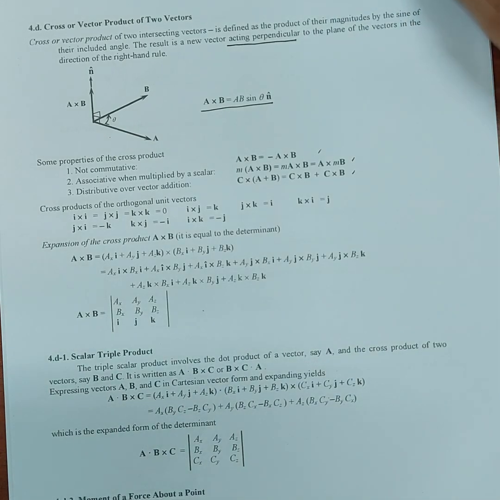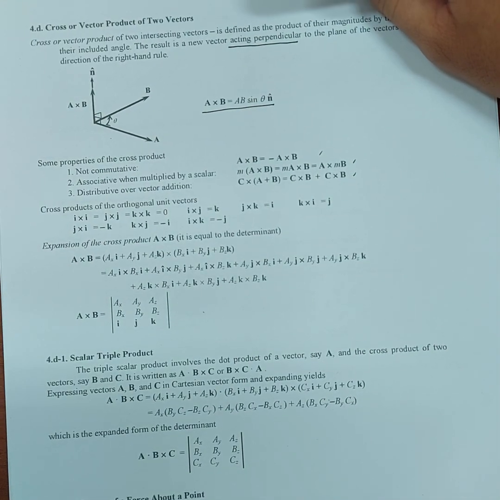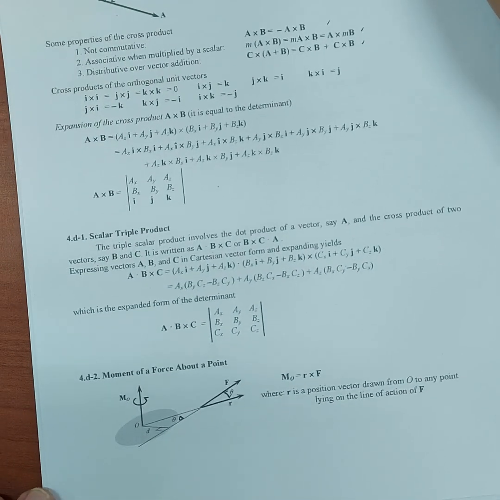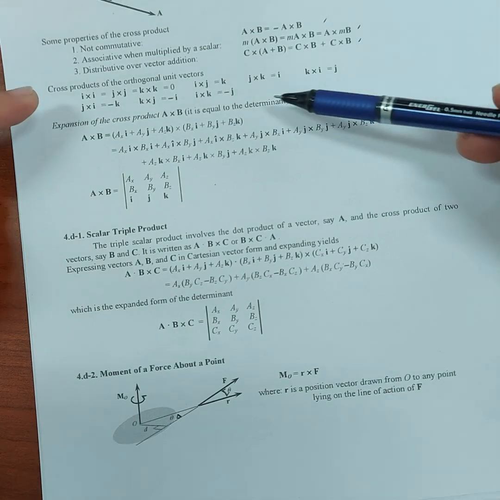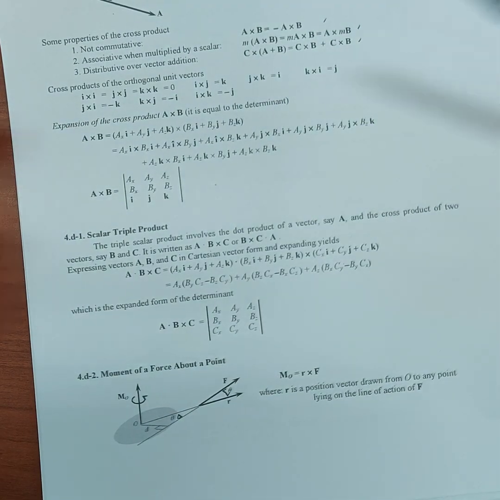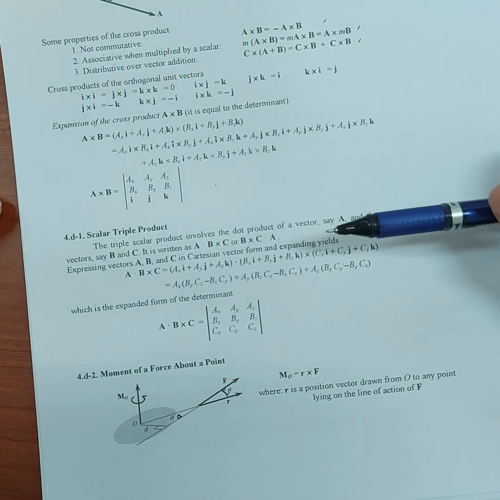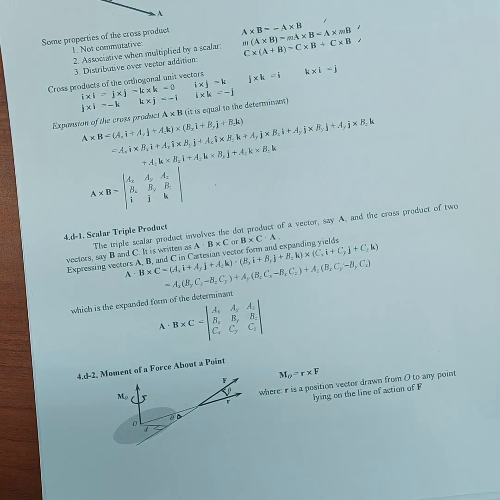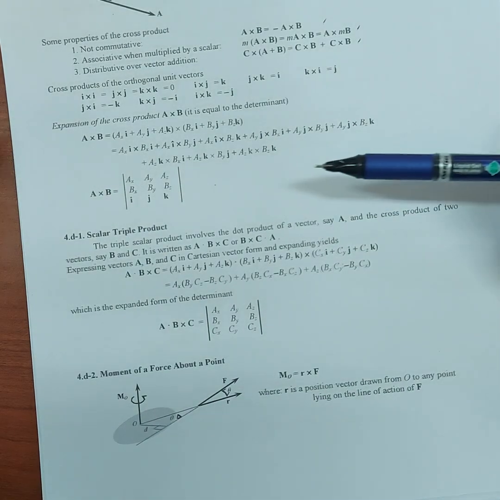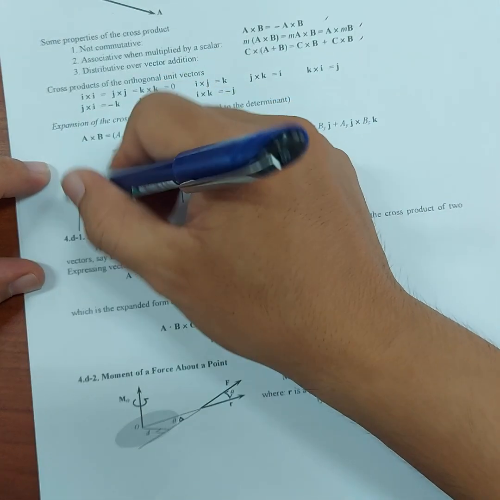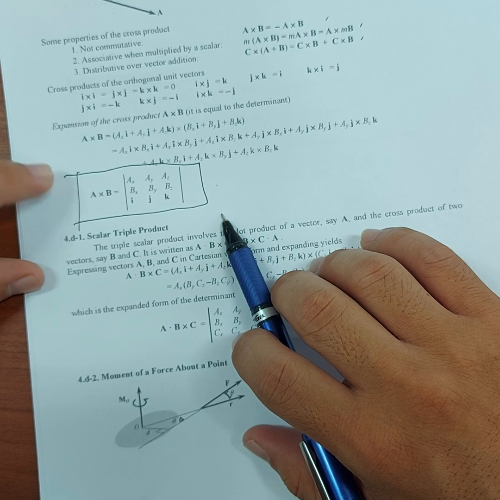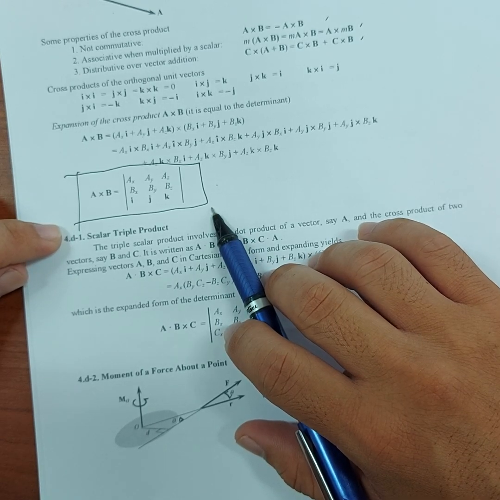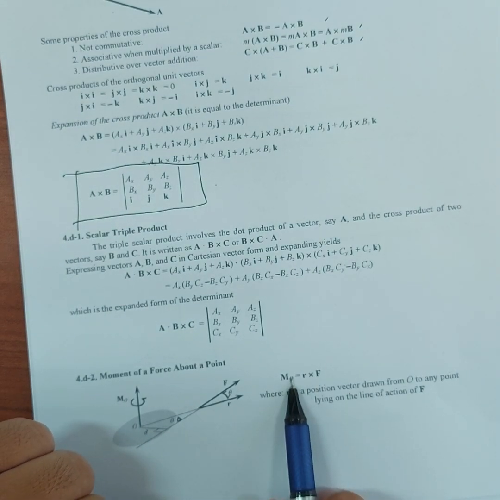What I want you to note now is the formula to solve for it. This is the derivation of our formula, based from the properties of a cross product. This is the formula we will apply to solve for the moment of a force about a point. This is where our formula comes from.